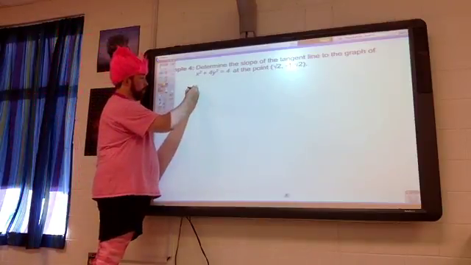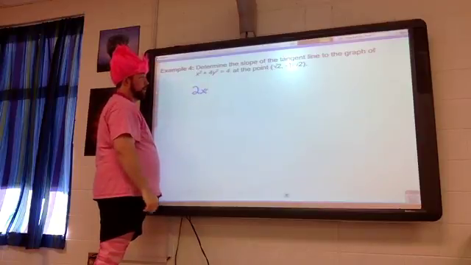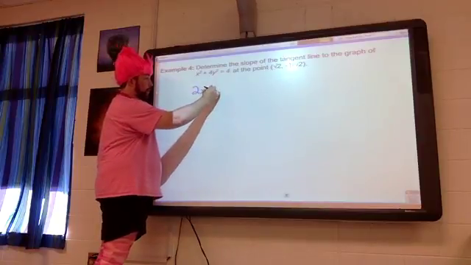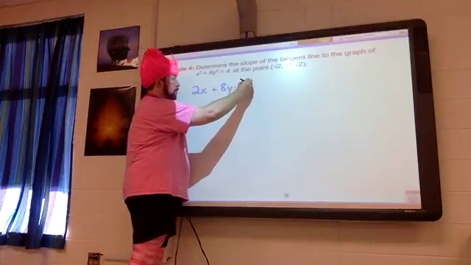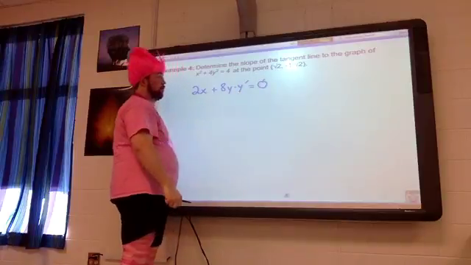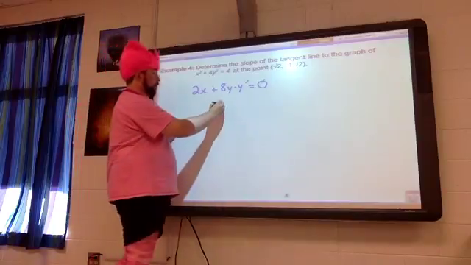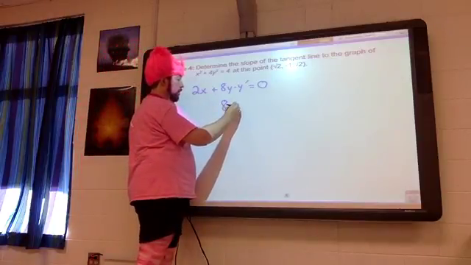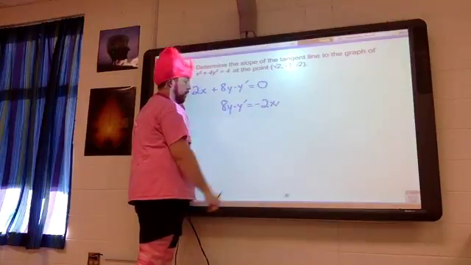So we do our implicit differentiation. Derivative of x squared is 2x. Derivative of 4y squared will give me plus 8y times y prime. And the derivative of 4 is 0. Subtract the 2x over, which will give me 8y times y prime is equal to negative 2x.